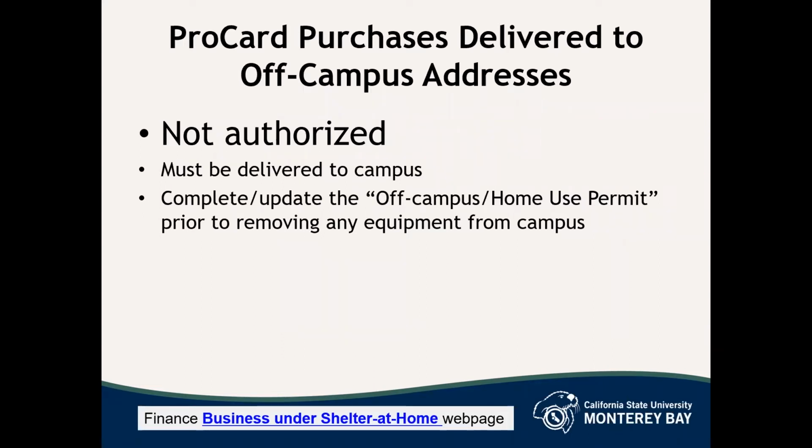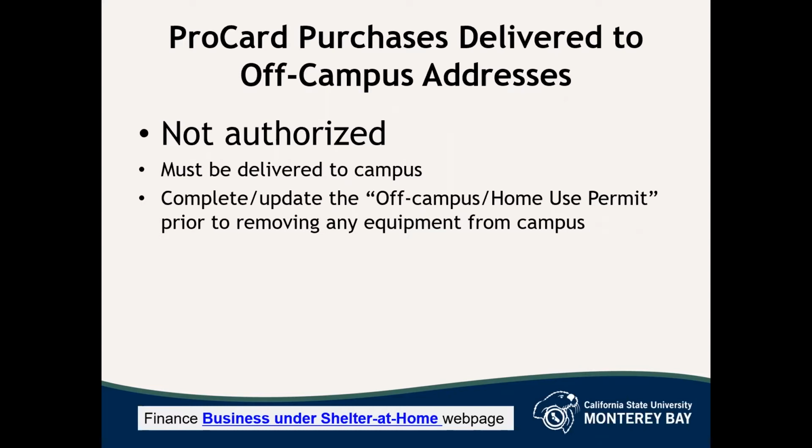That's standard protocols. What will need to be done in each of those cases, when equipment is going to be removed from campus, we have this procedure in place. It's not a policy, it's a procedure. It's from the property guidelines and it's on the property website.